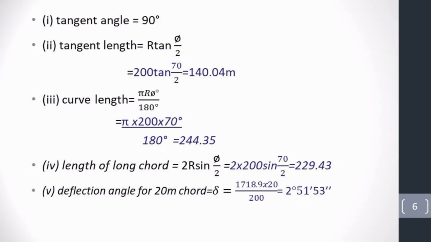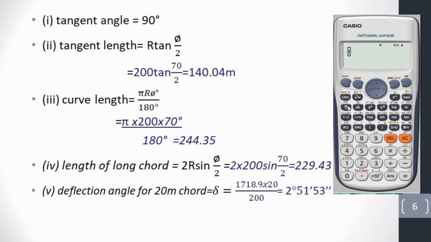So let's go to the next question. That was 140.04 meters. We calculate the curve length. We have a variety of formulas, but that was my simple formula that I always use. That is pi r, the deflection angle over 180 degrees.